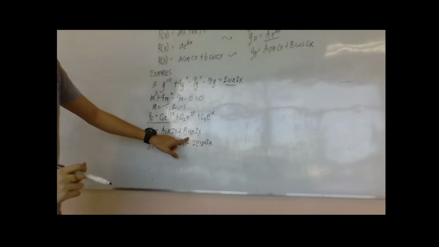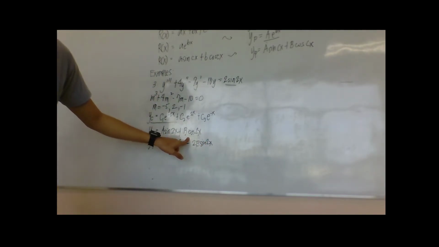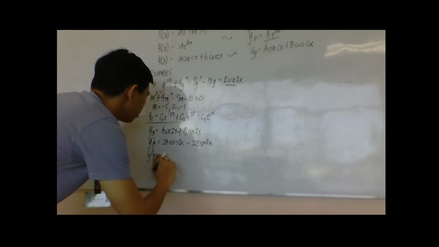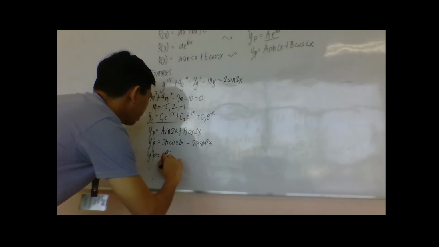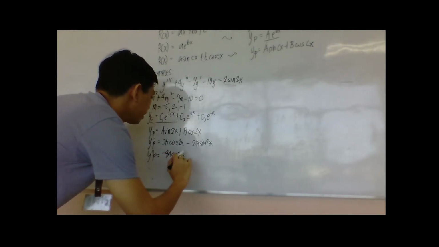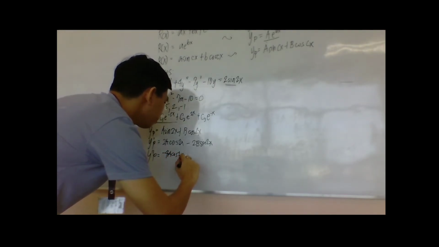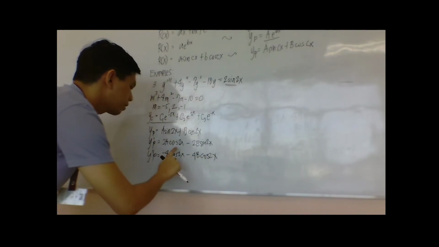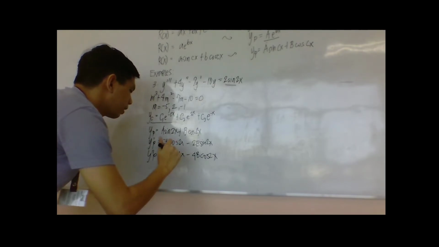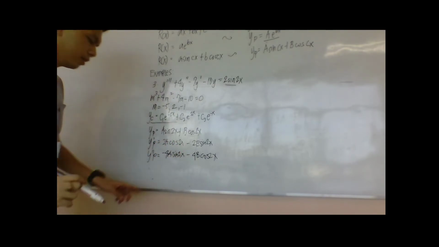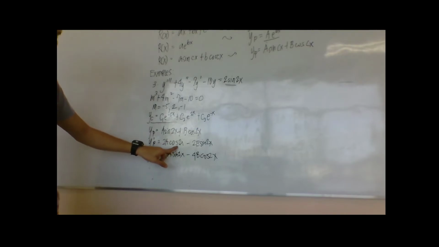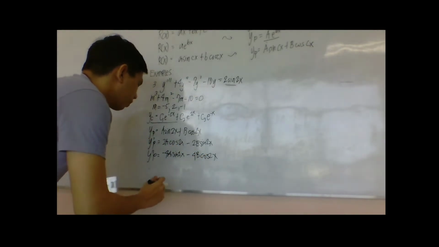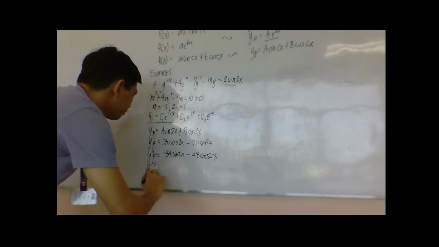Okay, derivative of cosine is negative sine. Diba? And then y double prime of p is equal to negative 4a sine 2x minus 4b cosine 2x. Sorry, it's the sine. Yes, it's correct.